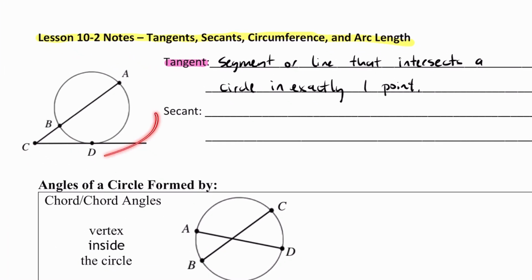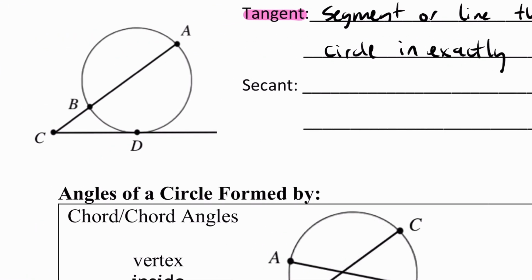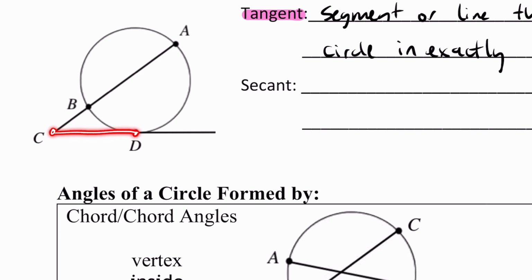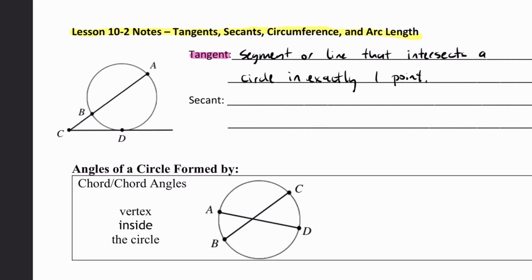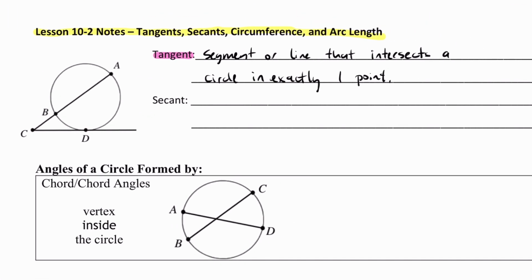So over here, if we look, this is a segment that intersects the circle exactly at one point. If I just look at this part of the whole segment, segment CD does intersect the circle at one point. So that's an example of a tangent.